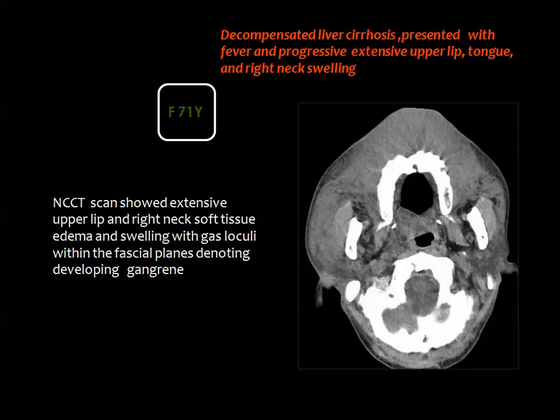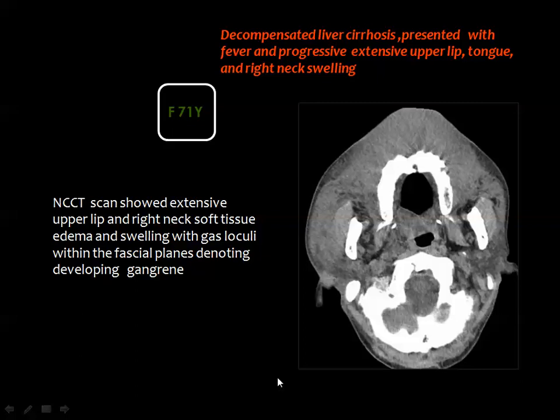And here you see huge soft tissue swelling along the anterior aspect of the alveolar margin. You see the air loculi spreading between the fascial planes. You see the diffuse subcutaneous swelling superficial to the masseter muscle, especially on the right side.